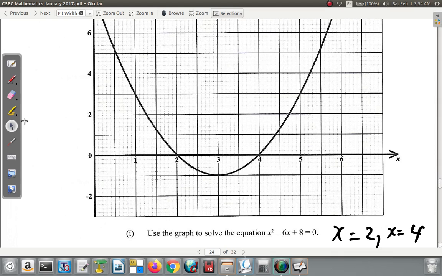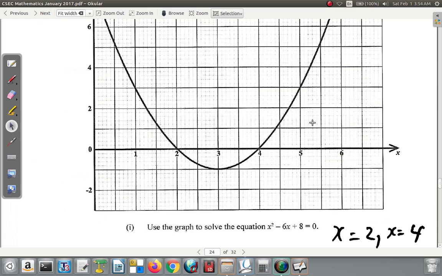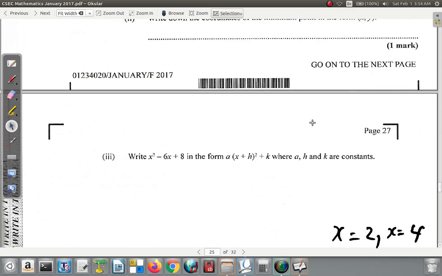Here you can see the midpoint appears to be right at this spot. It occurs at x equals 3. It's below 3 and beside -1. They didn't write the -1 here, but 0, -1, -2. So it's (3, -1). So for that part of the question, it's (3, -1).